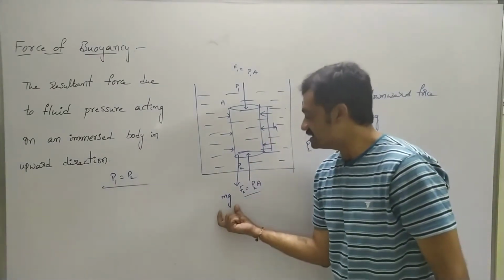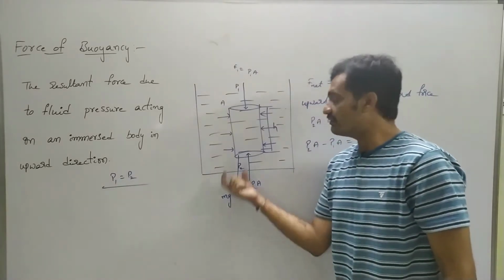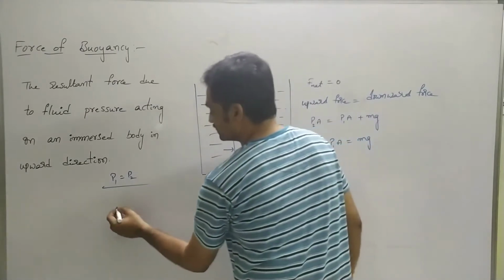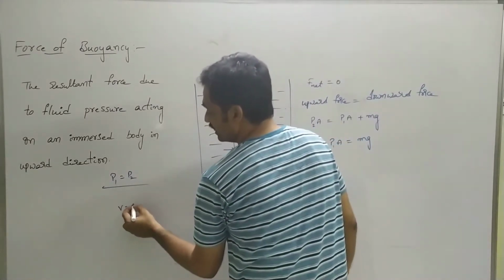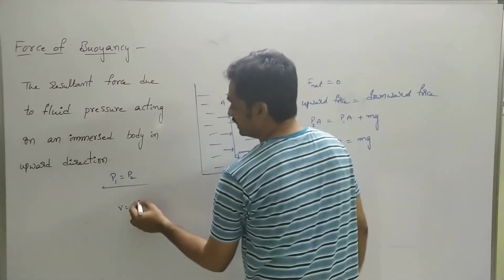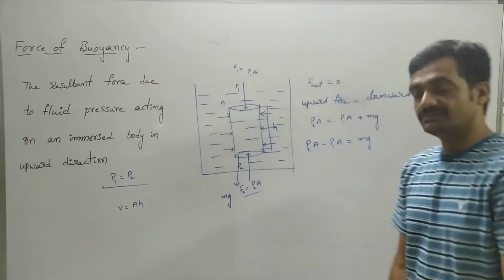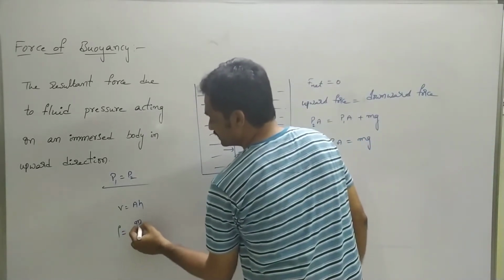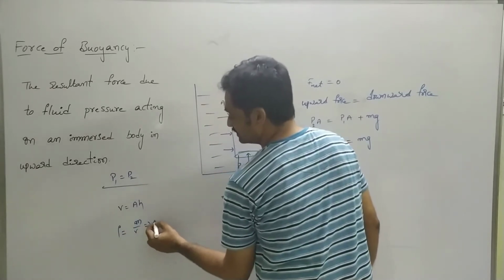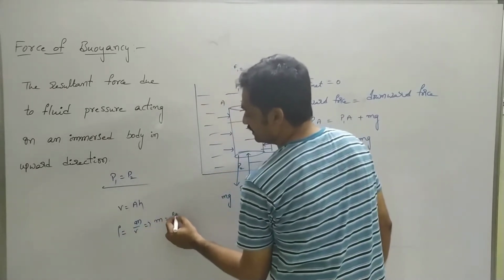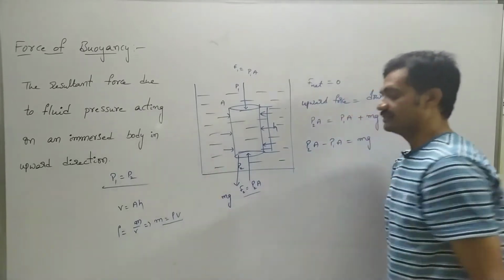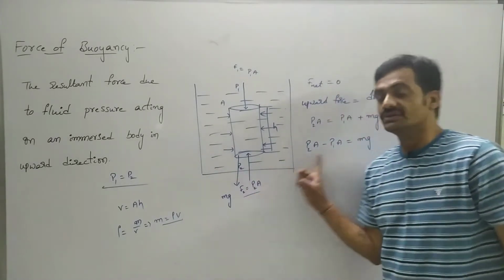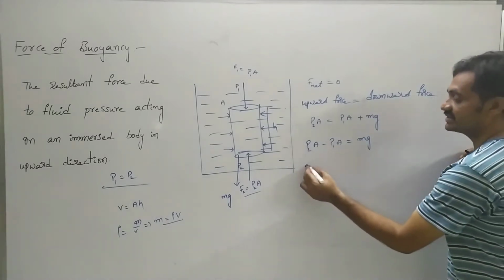Now we are going to consider the mass of this body in terms of density and volume, where volume can be represented as V equals area of the cylinder into height h. From this, density equals mass by volume, then mass equals density into volume.